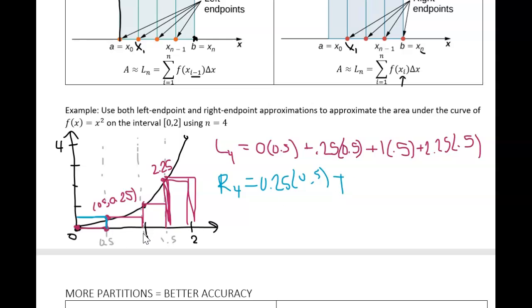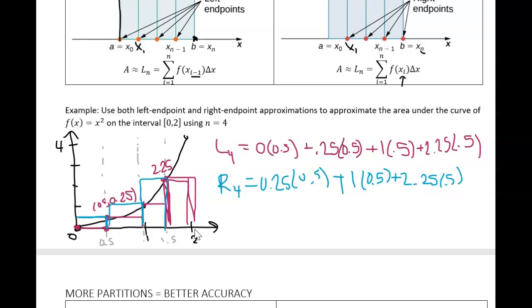Then we have our point at 1, which goes up to 1. So we're going to have a height of 1 and a width of 0.5. Again, that term is shared in common. 1.5 goes up to 2.25, the last common rectangle.